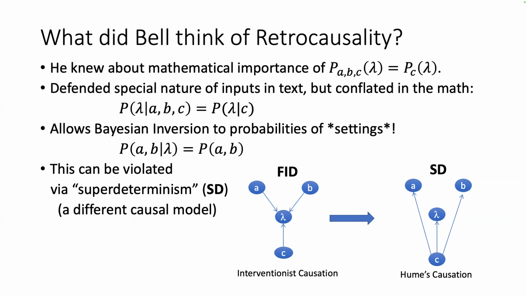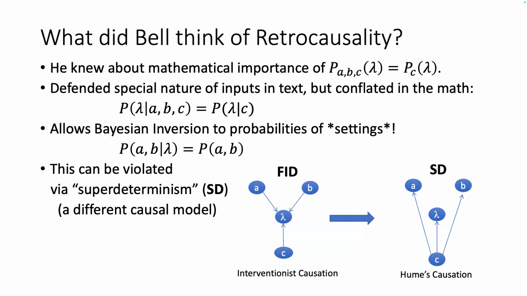There are other people that say, no, this is really what's happening, there's some event in the past that is causing lambda, causing my settings, causing Alice to choose her setting and causing Bob to choose his setting. And that's what correlates. They're all correlated here. The reason they're correlated here is direct causation. The reason they're correlated here is common cause.